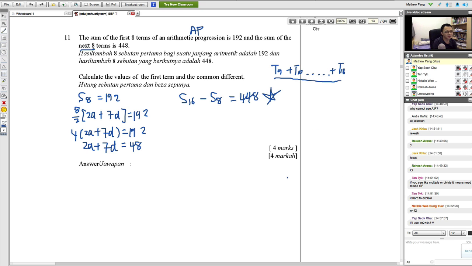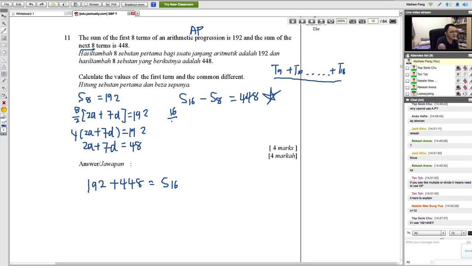Oh yes, you can do this also. You can say 192 plus 448 equals S16. Sure, it's the same idea. Alright, so this one I will just substitute the formula into that.